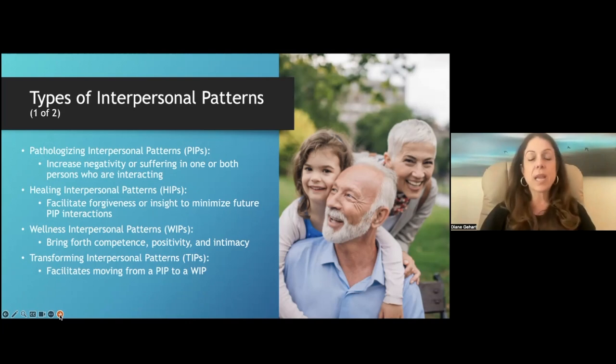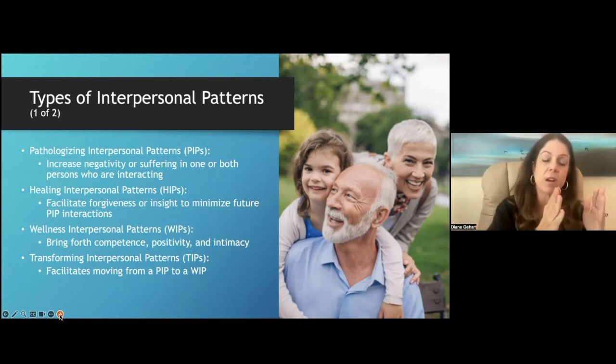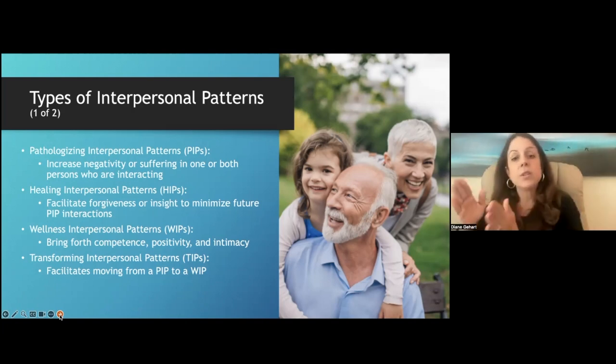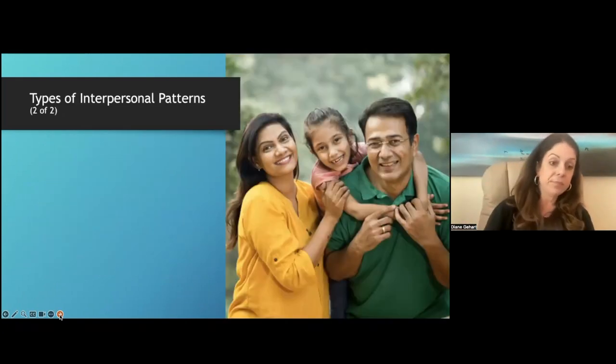And so you can, and I describe some of this in the textbook, you can take every theory in any of my textbooks and look at how each one has a way of assessing PIPs, except for solution focus. We're the only ones who don't do that. And then there is a way that clinicians try to transform and move our clients from a PIP to a WIP.